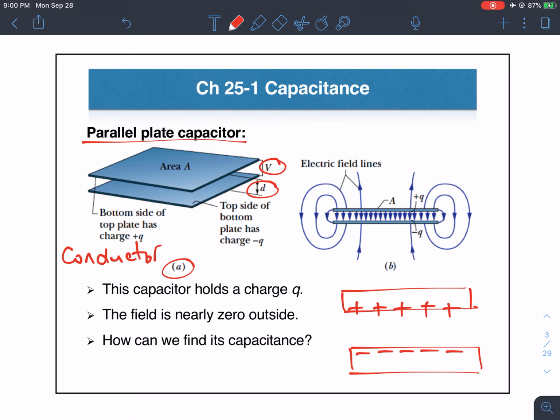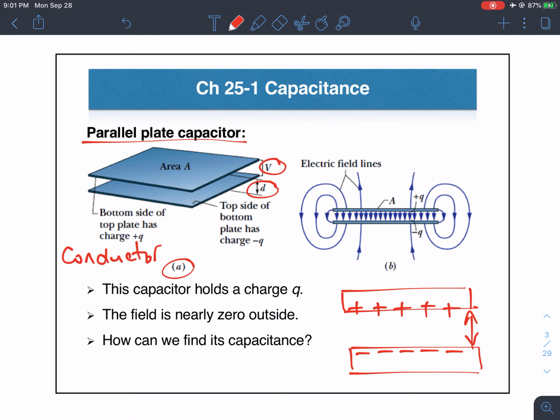So there's no charge on the top surface of the top one, and no charge on the bottom surface of the bottom one. Because these are conductors, the charges are free to move. They're going to get as close as possible and attract each other, and this is where the potential difference between these plates comes from, because they have different charges.